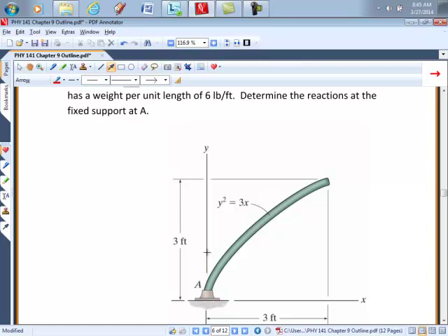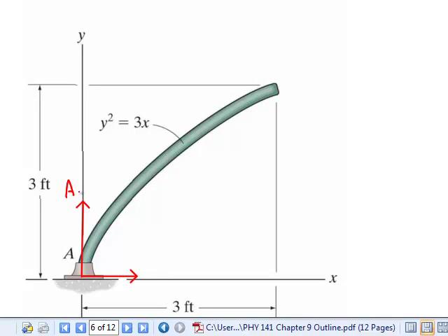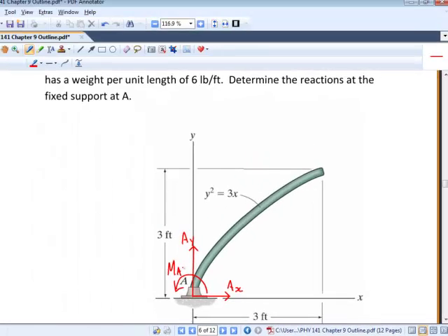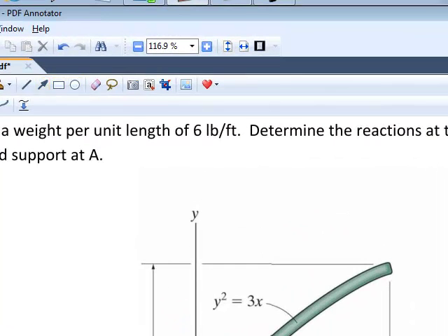So draw those in, AY, AX, and then we'll draw in a moment about A. And what forces are these reactions constraining? Just the weight. Right, so we would draw a weight force.